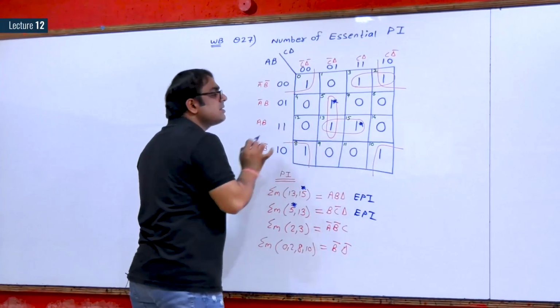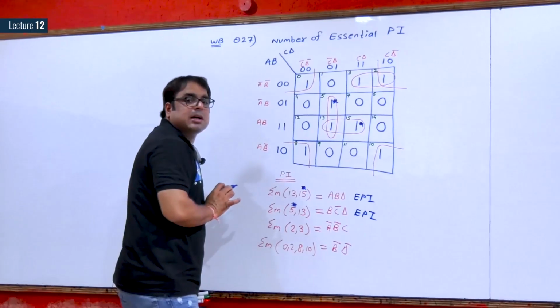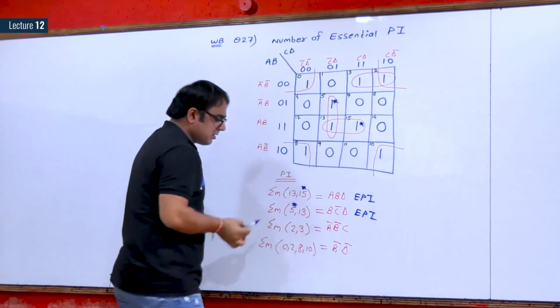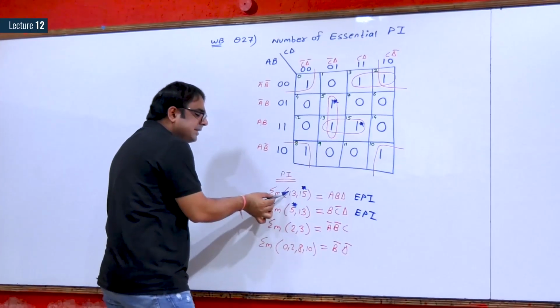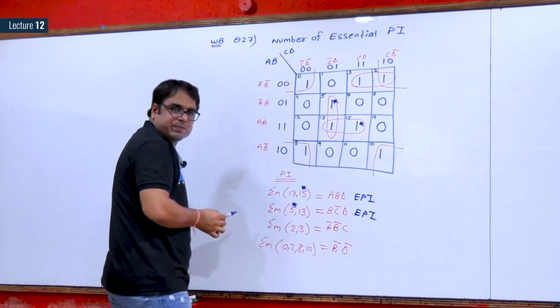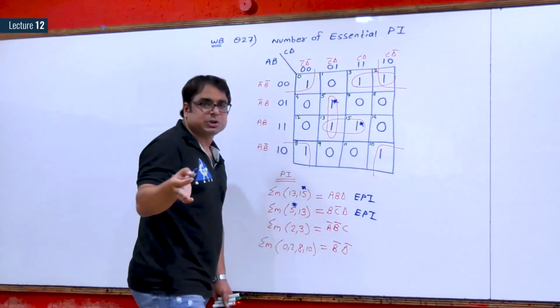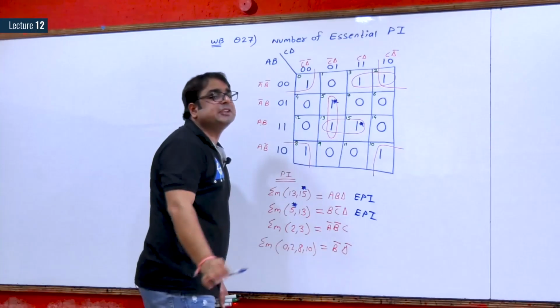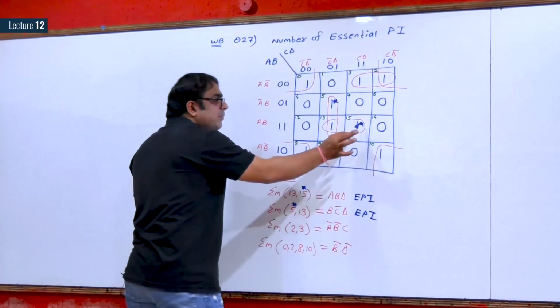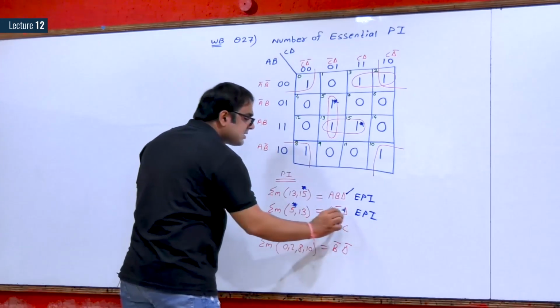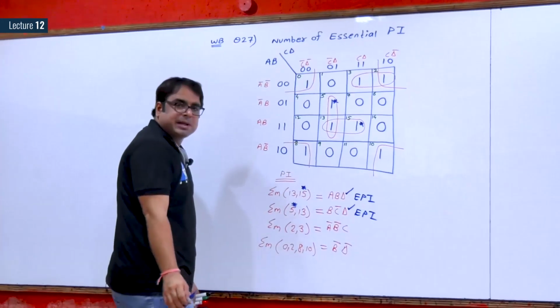This 13 is not having a single option. You can see clearly it has two options, 13 is appearing here also and here also. So because of 13, which has multiple options, this will not give me an essential prime implicant. 15 has given me an essential prime implicant. 5 has given me an essential prime implicant.